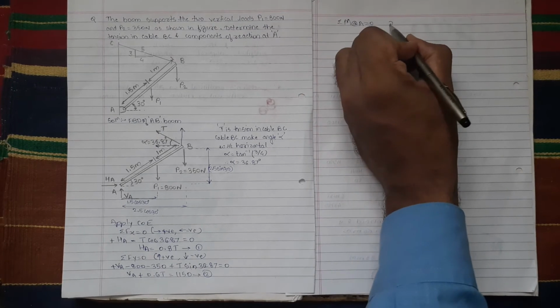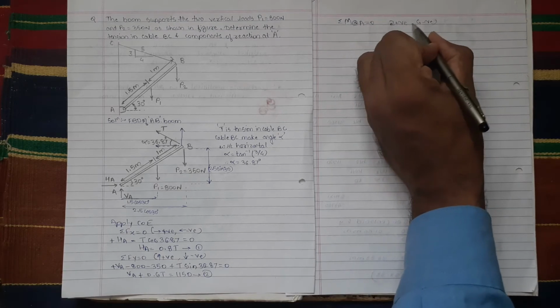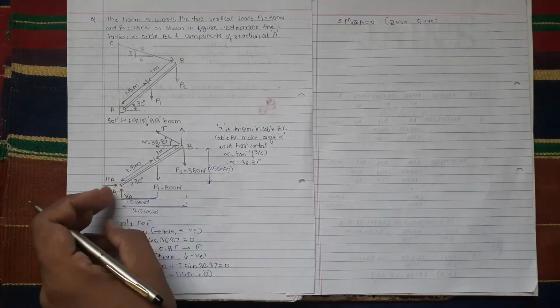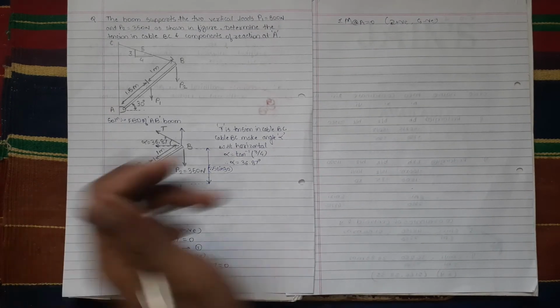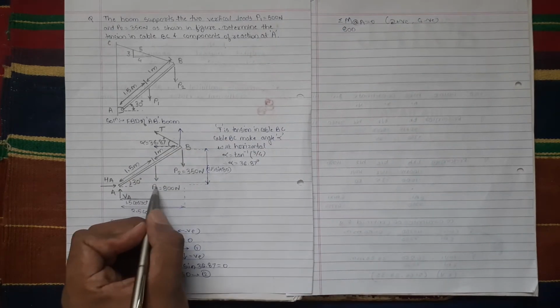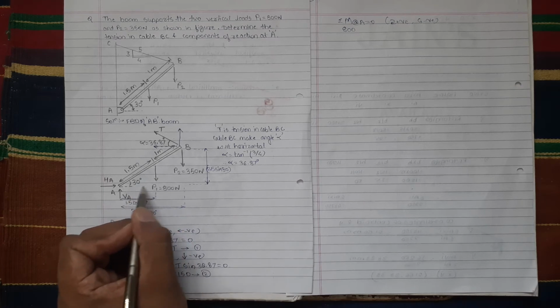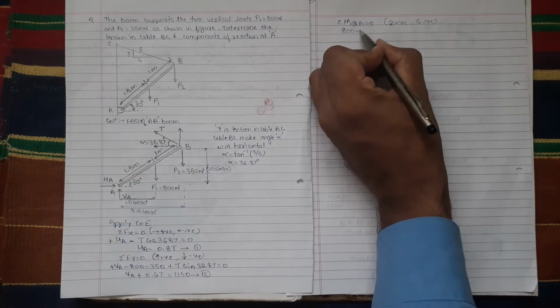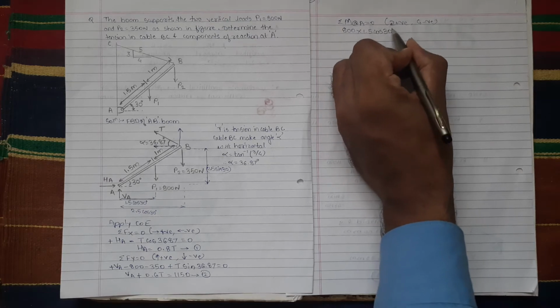We'll apply the third condition of equilibrium, taking moment of all forces about point A equal to 0. We are assuming clockwise moment positive, anti-clockwise moment negative. First force 800 is at a perpendicular distance 1.5 cos 30. So we get this distance into 1.5 cos 30.